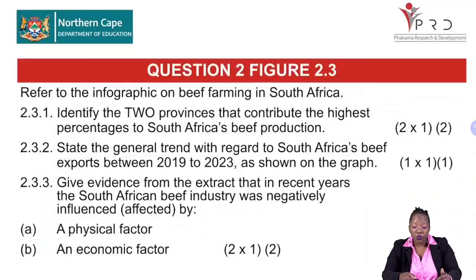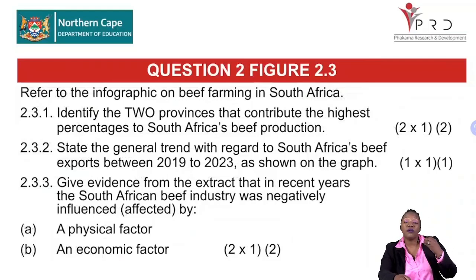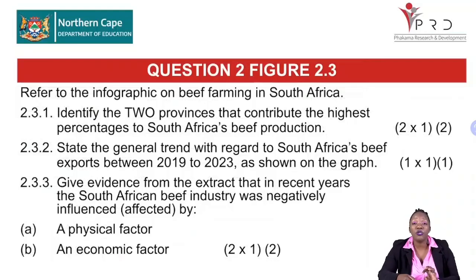So let us go through the questions. You are given 2.3.1. Identify 2 provinces that contribute the highest percentage to South Africa's beef production. Hence, it was important for us to go through each and every piece of information we are given in the infographic. So now you know the first question refers to the provincial beef production.